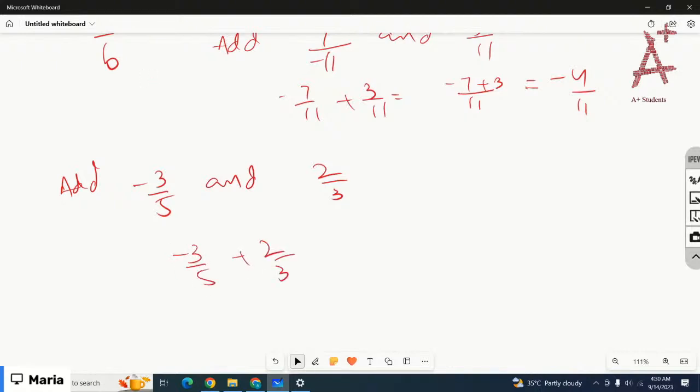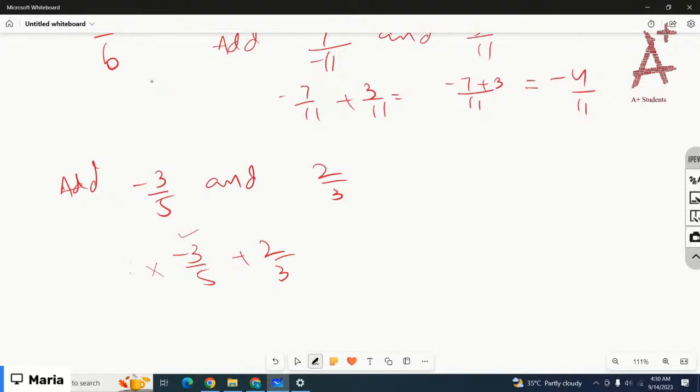You cannot add them like this until they have the same denominators. Basically, adding and subtracting rational numbers is exactly the same as for fractions. First of all, you have to make the denominators the same. So the LCM for 5 and 3 is 15.